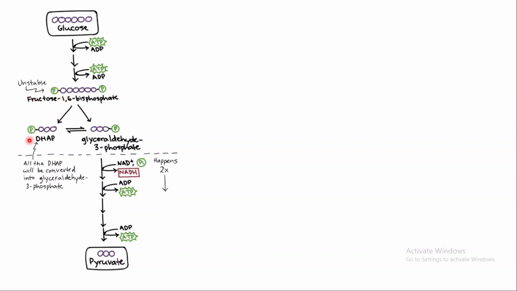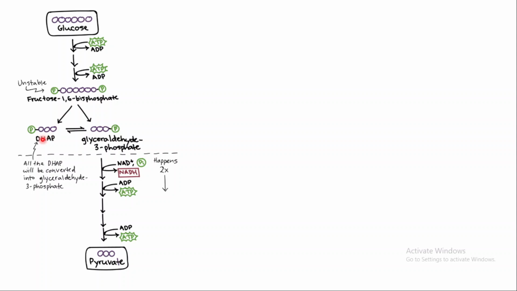So it breaks down into two 3 carbon compounds called DHAP or dihydroxyacetone phosphate and glyceraldehyde 3 phosphate. And these DHAP and glyceraldehyde 3 phosphate are interconvertible.